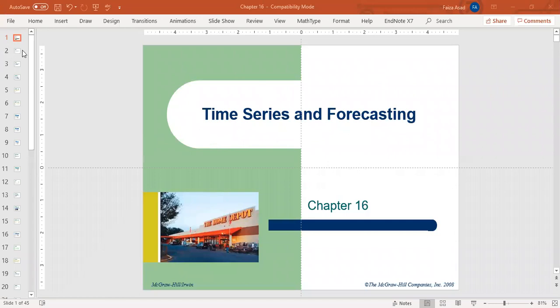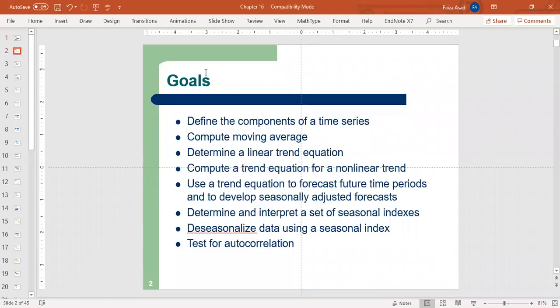So let's see what the goals for this chapter are and what concepts we are going to learn. The first point is the study of the definitions of the components of time series.